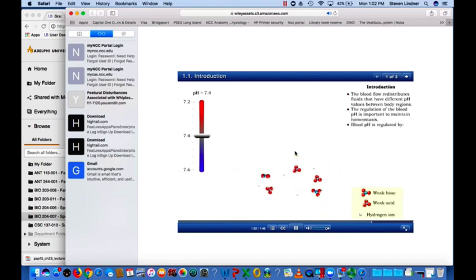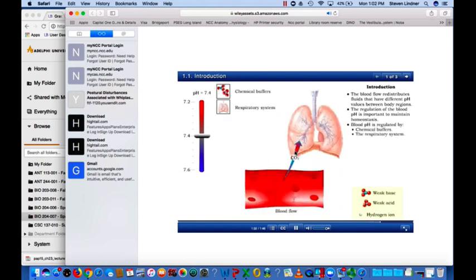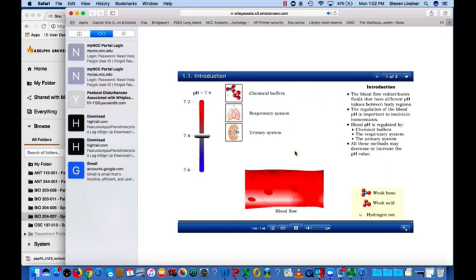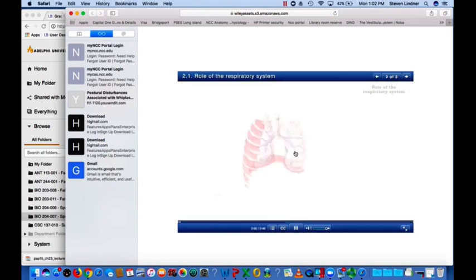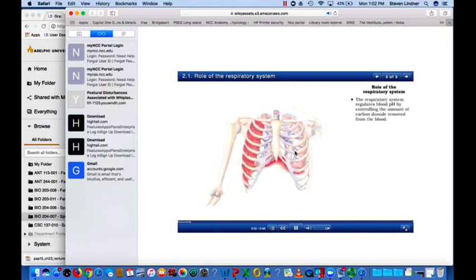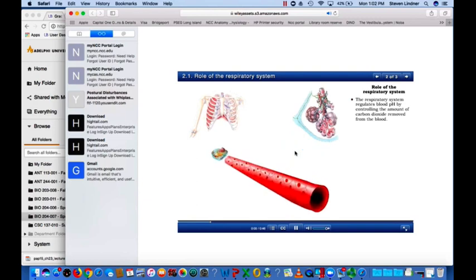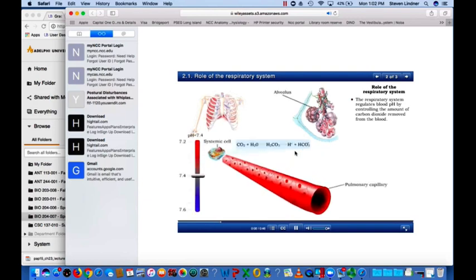Blood pH is regulated in 3 ways: chemical buffers, the respiratory system, and the urinary system. All these methods may decrease or increase the pH value. The respiratory system can regulate blood pH by controlling the amount of carbon dioxide removed from the blood.